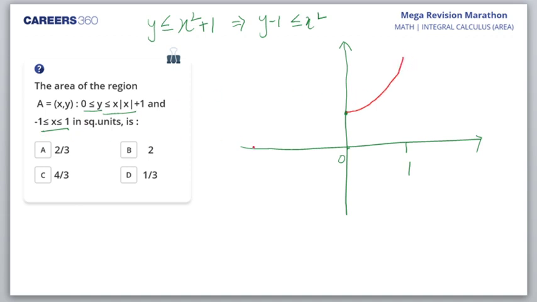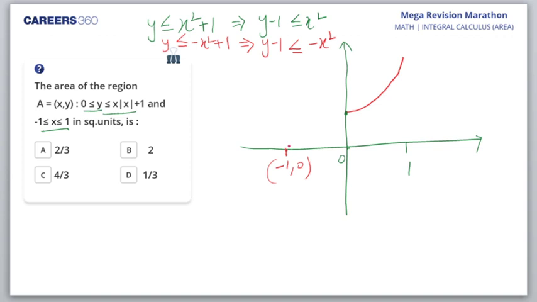Now, between -1 and 0, -1 is here. Now when x is negative, mod x will open up with a negative sign. So what do I have? y is less than equal to minus x square plus 1. So the vertex would be (0, 1) only, but it would be a downward parabola.